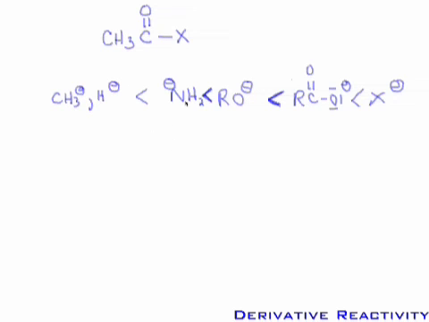If X is any of these, then it is the most basic and least likely to function as a leaving group. So in terms of leaving group ability, over here we have the poorest leaving groups, and over here we have the best leaving groups.